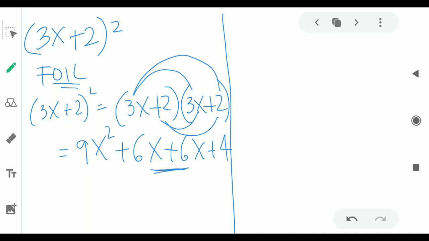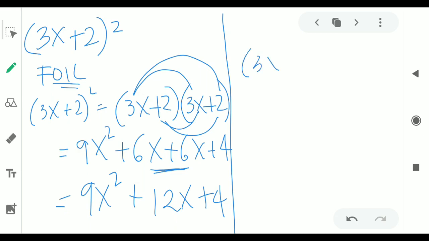So we can simplify 6x plus 6x. So that's 9x squared plus 12x plus 4. Now, the other strategy is called square of a binomial. So, the shortcut, or the square of a binomial, is done by first squaring the first term.